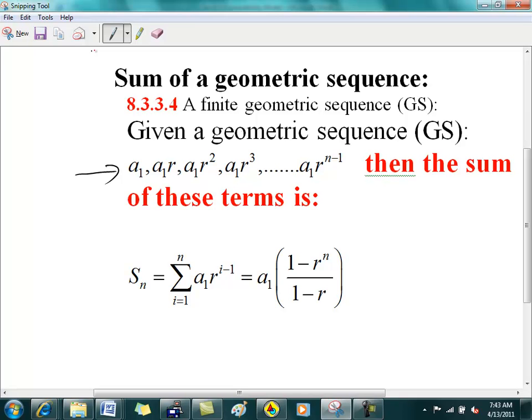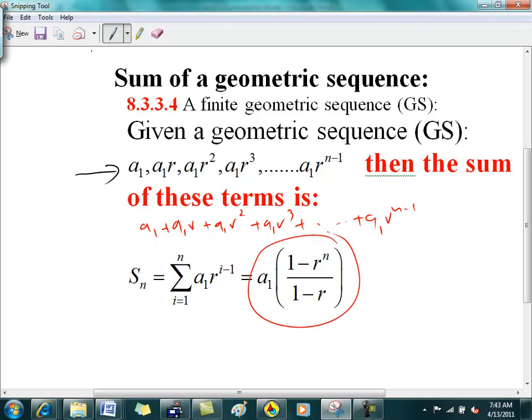So if I wanted to add all of these terms up, and so on, up to the nth one, then here's your formula for that. All right, is everybody okay on that?